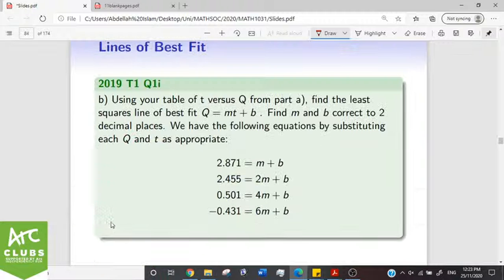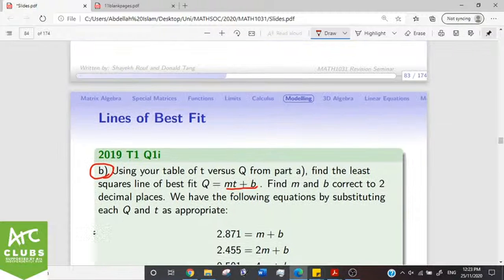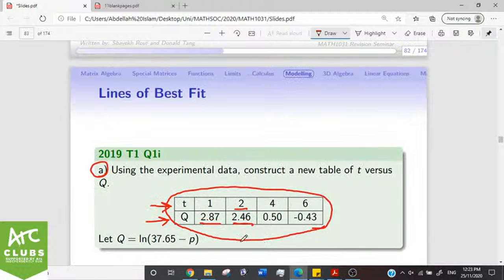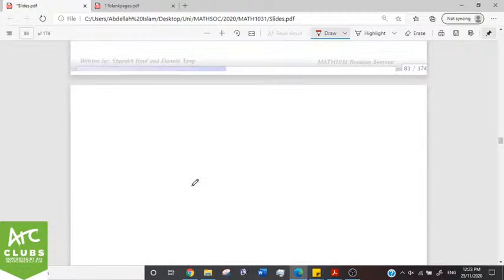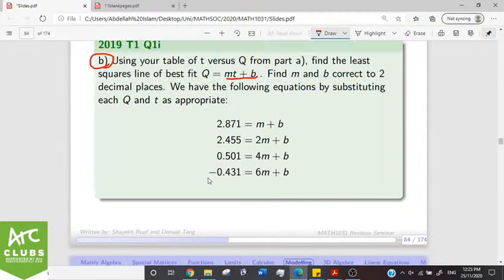Okay. So now it's asking us, in part B of this question, to find the least squares line of best fit, Q equals MT plus B. Well, we have a table of values for Q now. So from the table of values, we can say this. If Q is MT plus B, then M times 1 plus B has to be the first value in the table. M times 2 plus B has to be the second value, and so on.